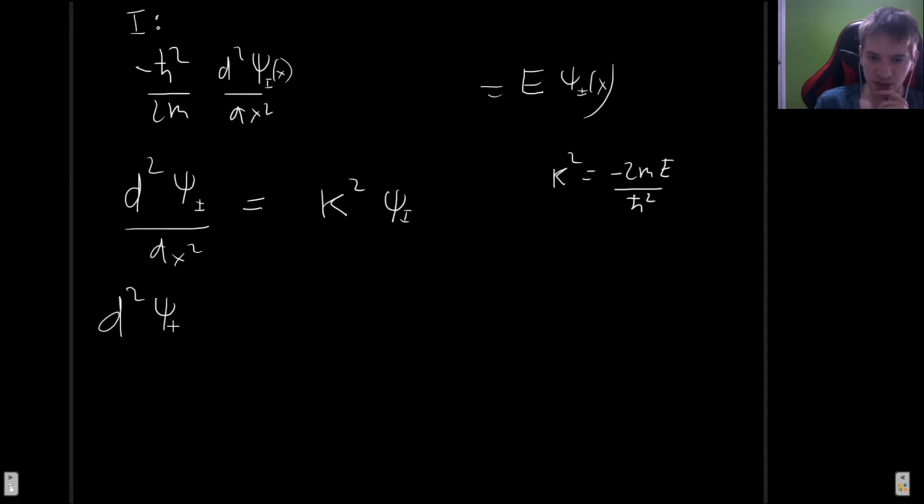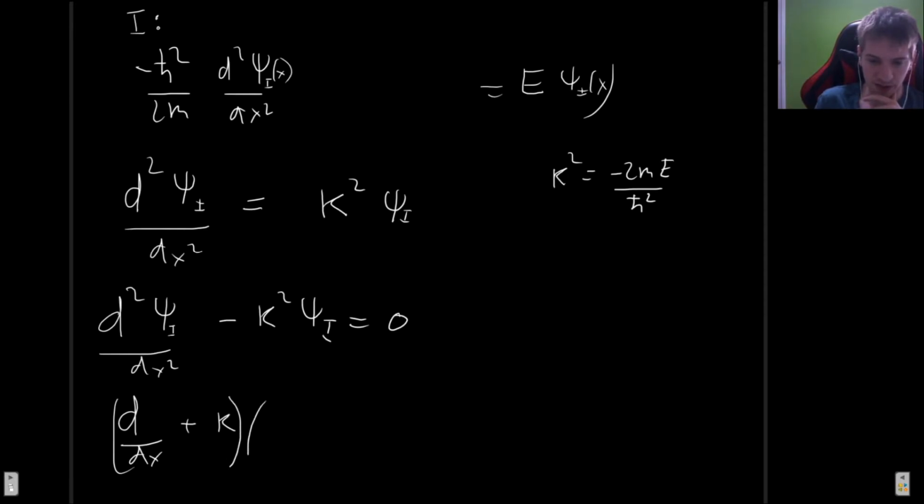So we get d squared psi 1 dx squared minus k squared psi 1. Now this looks very similar to what we have solved in the past, but this time there's a minus sign. Before we had this plus sign. So the solution will now be somewhat different. Obviously you can use whatever means you like to solve this.